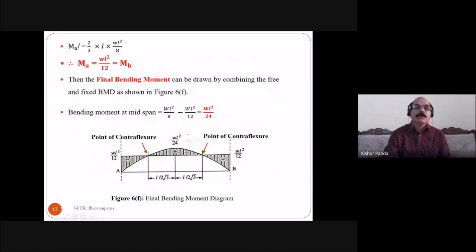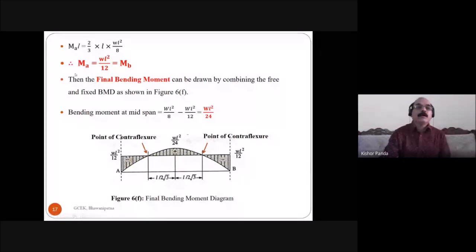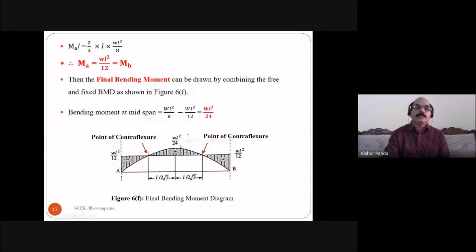Then after getting this moment, you can plot the final bending moment diagram, because MA and MB are equal to minus WL square by 12. The moment at both ends is minus WL square by 12, since you have already assumed the fixed BMD is negative. Then you can plot the final bending moment diagram.